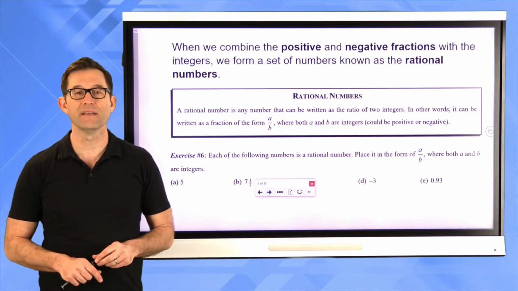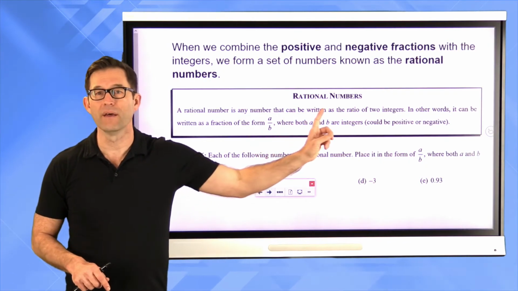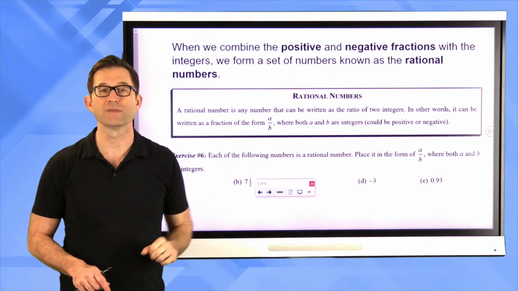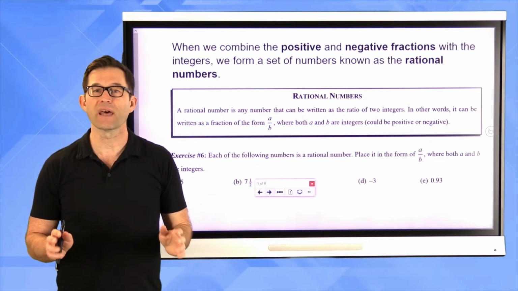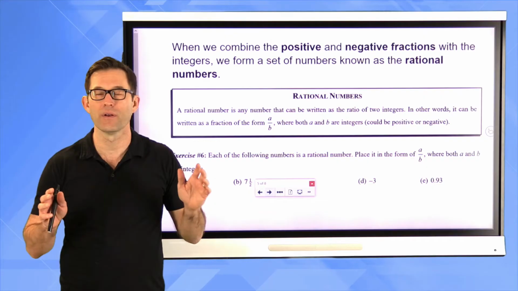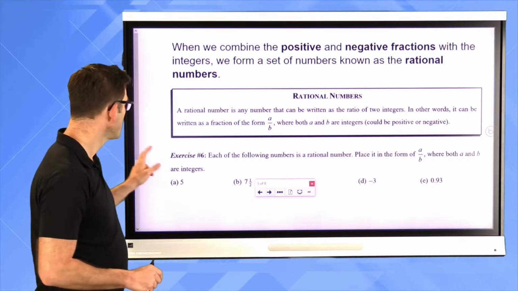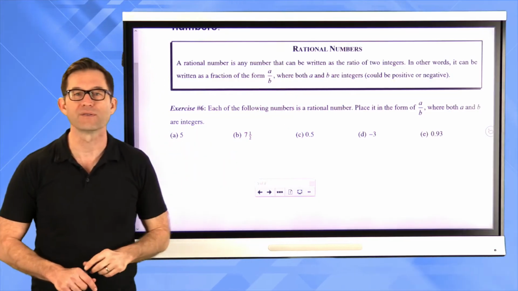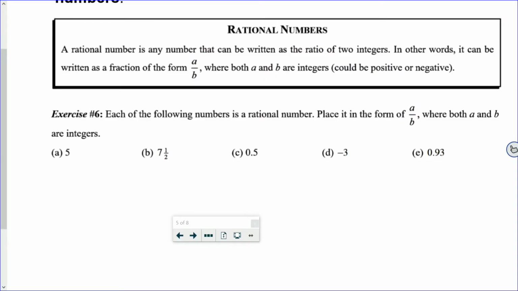Now, this gets us into a very important idea, the rational numbers. When we combine the positive and negative fractions with the integers, we get a set of numbers known as the rational numbers. So let's take a look at the technical definition of what a rational number is, all right? A rational number is any number that can be written as the ratio of 2 integers.